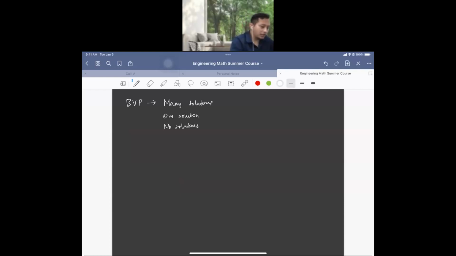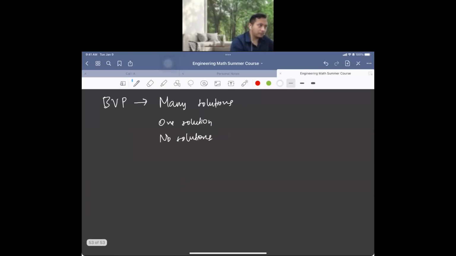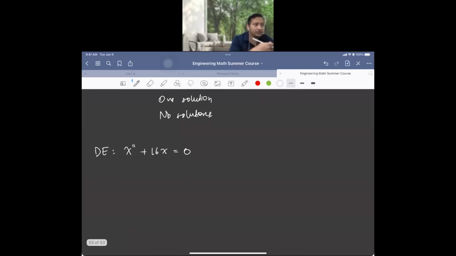Okay, let's say we have x double prime plus 16x equals 0. Let's say this is our differential equation. This is a second order differential equation, and let me just give you the solution for this DE.